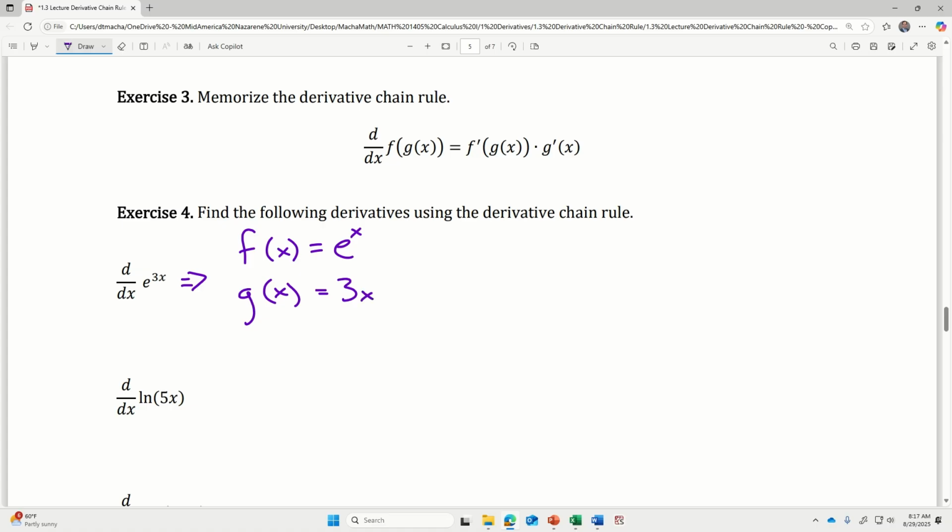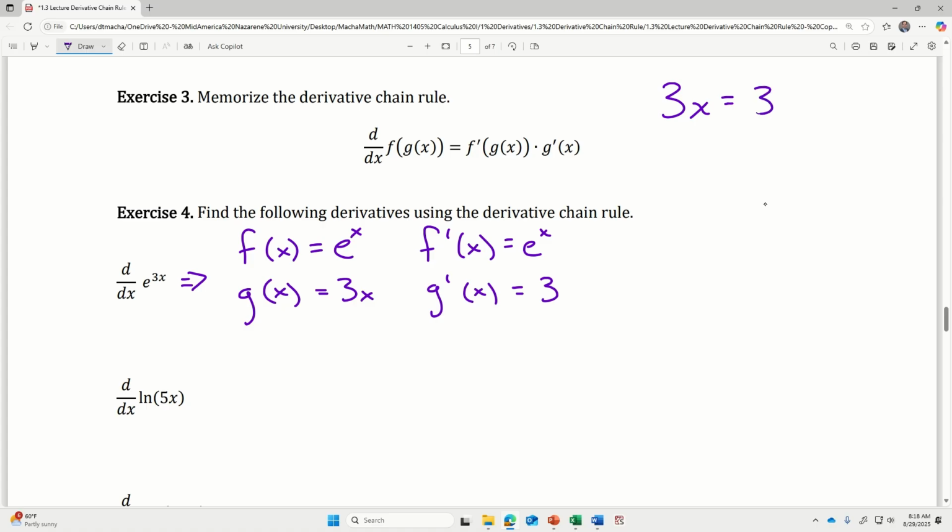So if I compose f of g of x, I get e to the power 3x. f prime would be e to the x, and g prime would be 3. Perfect. Yep. And this should be an easy one, you guys.